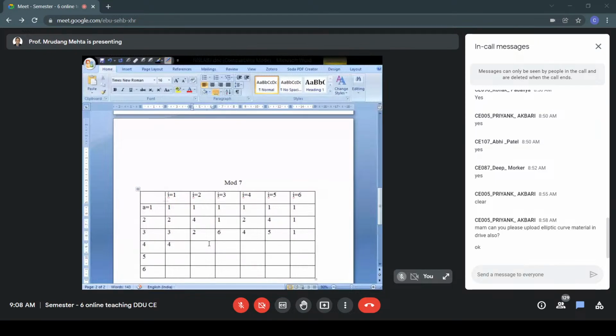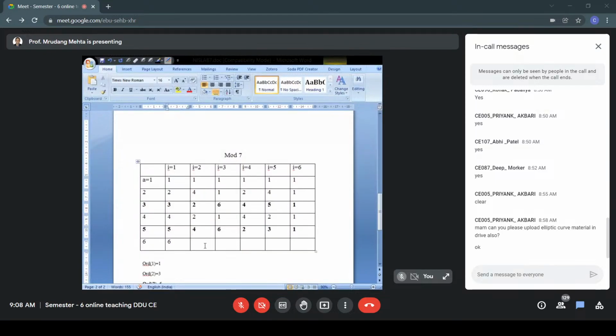Now 6 raised to 2, 36, mod 7 is 1. So we have found that it is 1. That means the remaining elements are not required to be checked. We can fill the table; they are going to be the repetition of what we have found. But programmatically, we don't have to find it.